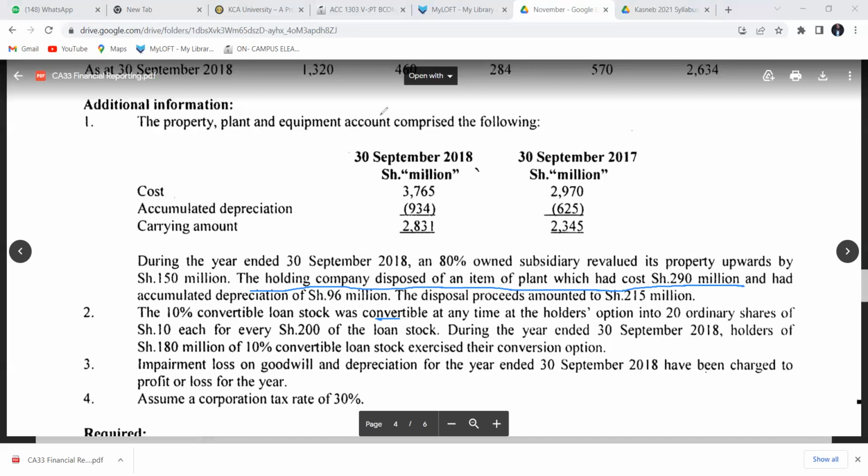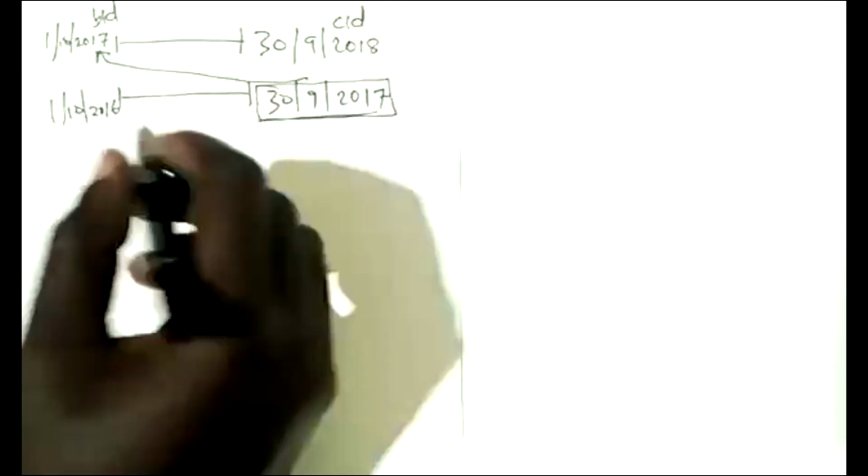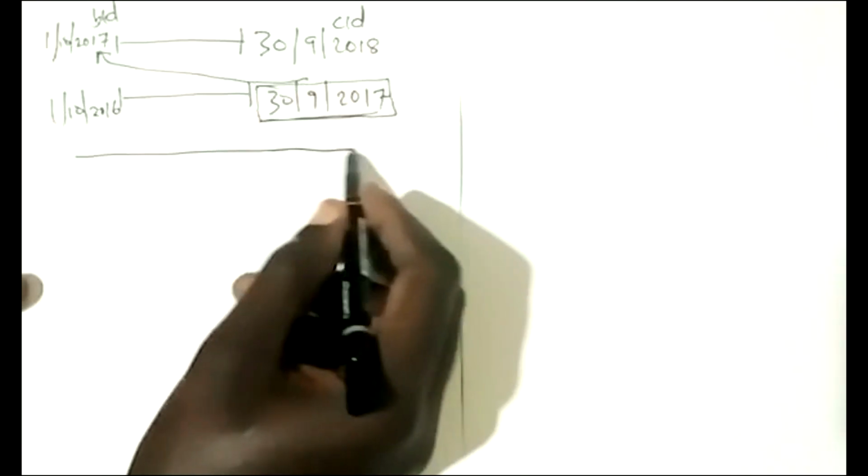So let me do for you the first working and the second working. How to determine depreciation for the year when you are given accumulated depreciation. You do a depreciation account.